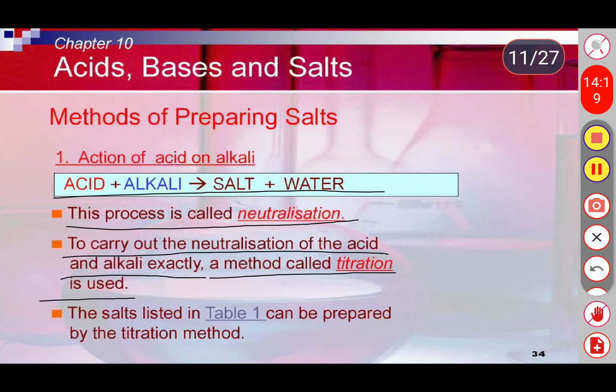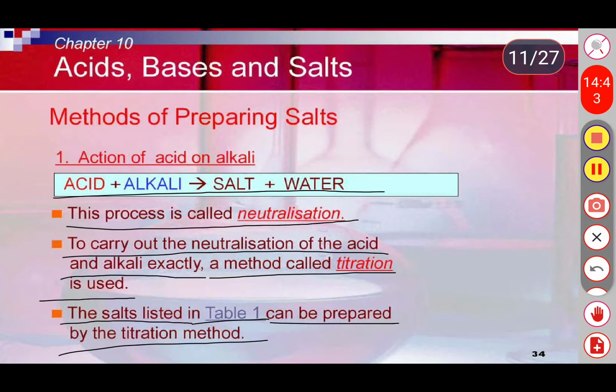So with the help of the titration method, we can easily form salts. The salts listed in table 1 can be prepared by the titration method. In the last slide we already discussed this type of examples for salts. What we discussed in the previous slide is table 1.